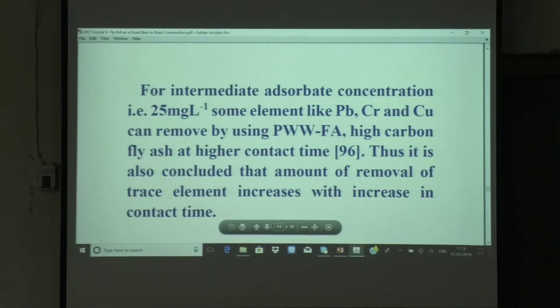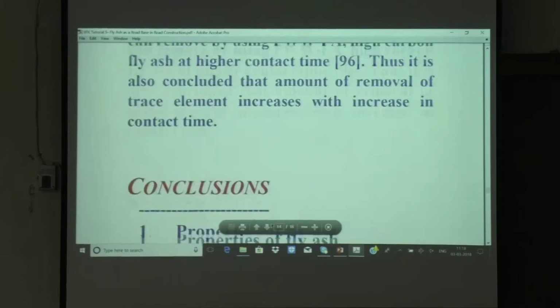So that means if you have high carbon fly ash, high LOI, that can also actually remove the lead and the other elements. So if you have high LOI, it is all right for certain applications. Okay? So fly ash is a very useful material. Thus, it is also concluded that the amount of removal of trace elements increases with increase in contact time. So the more you leave the contact time, the more the removal of the trace elements will be there.